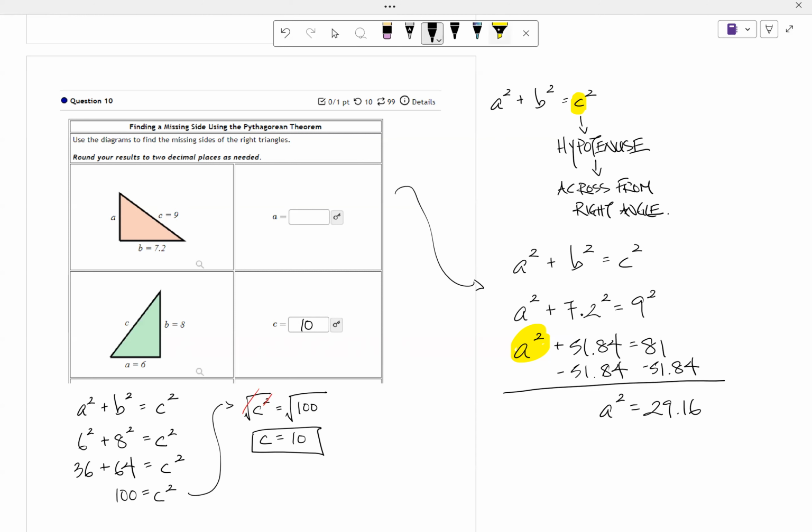Now we're going to use the same trick that we used over here. We're going to take the square root of both sides because we don't want to type in 29.16. That's the wrong answer. We need to take the square root first. Okay, so square root of a squared is going to equal square root of the other side.